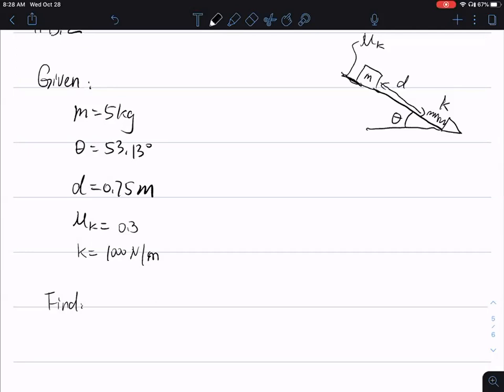If we release it, it will slide down the slope and hit the spring. Once it hits the spring, the spring will be compressed. We want to find out that deflection of the spring, in other words, the change of length of the spring, delta x.